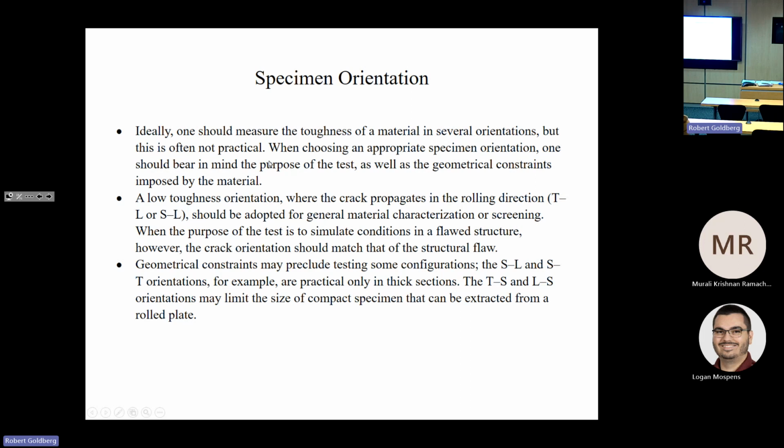Those would be the cases where you would want to concentrate on doing your testing, whereas if there are certain directions where you don't notice a lot of flaws, that may not be quite as critical to test.